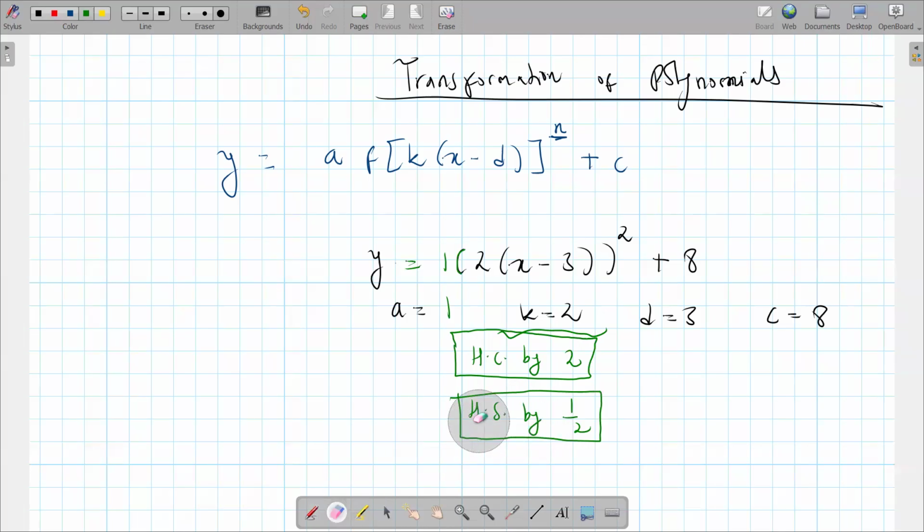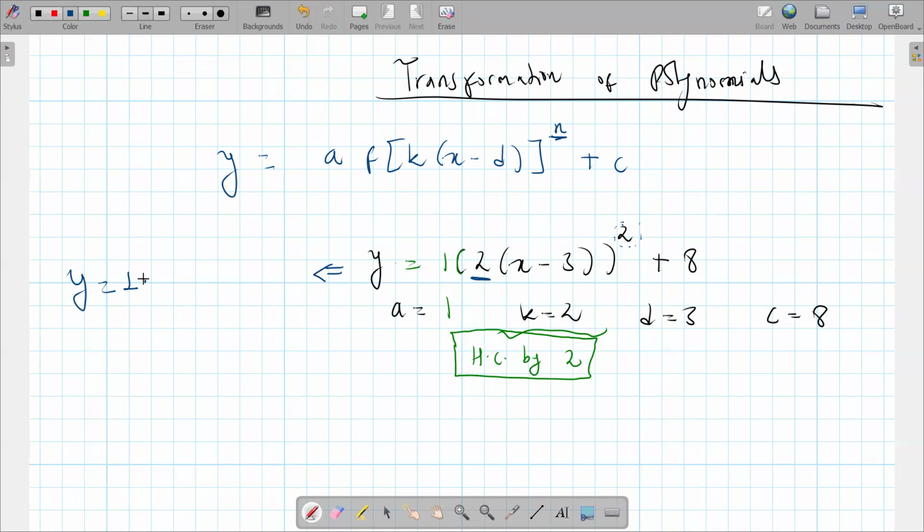Now, here's the point I was trying to make: for polynomials, because you know the power, you can rewrite this as this. Y equals 1 on the outside is untouched. All I'm going to do is pull this 2 out. I'm not going to touch anything else. To pull this 2 out, you have to take the power.